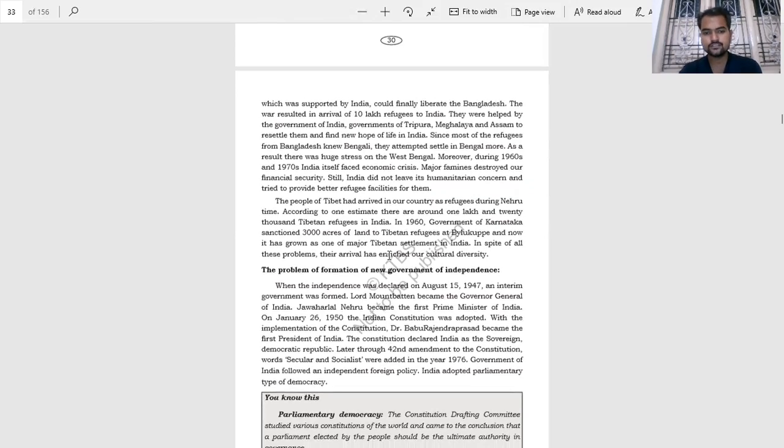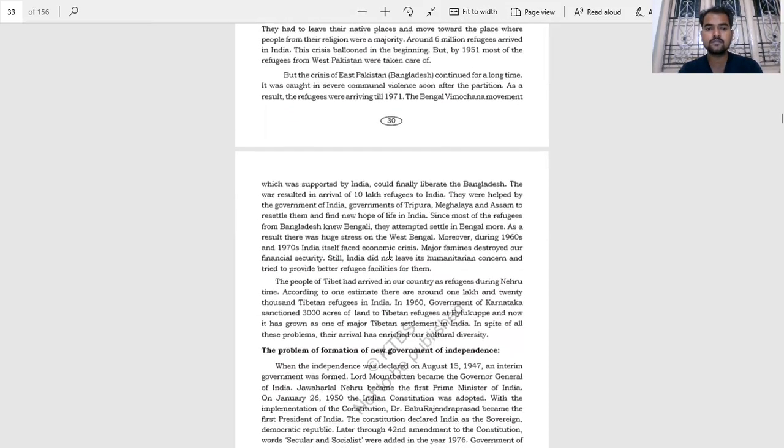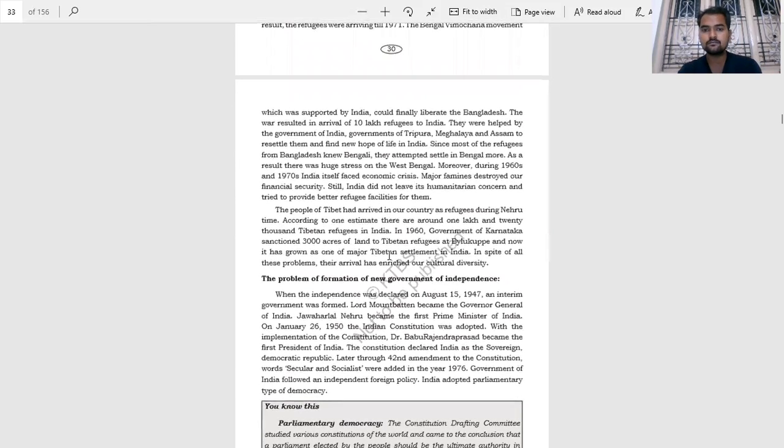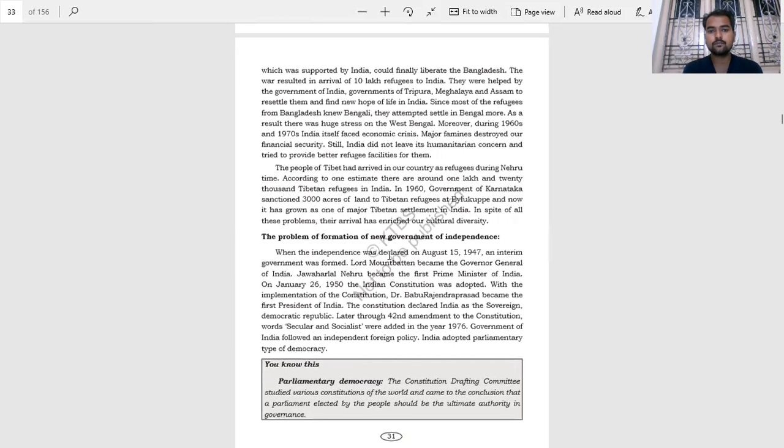So the refugee issue was also a major challenge after independence, where India handled and received refugees from present-day Pakistan and present-day Bangladesh, that is West Pakistan and East Pakistan. We have received lakhs of refugees from Tibet under the leadership of the Dalai Lama. We went to support Tibet when China went to war to acquire Tibet. We thought we would help Tibet, but again, Tibet came to India.